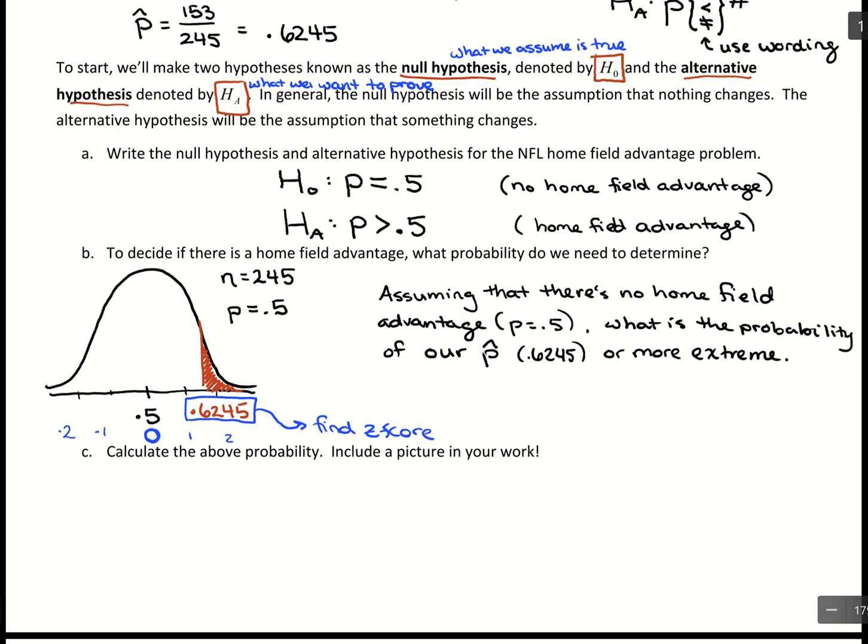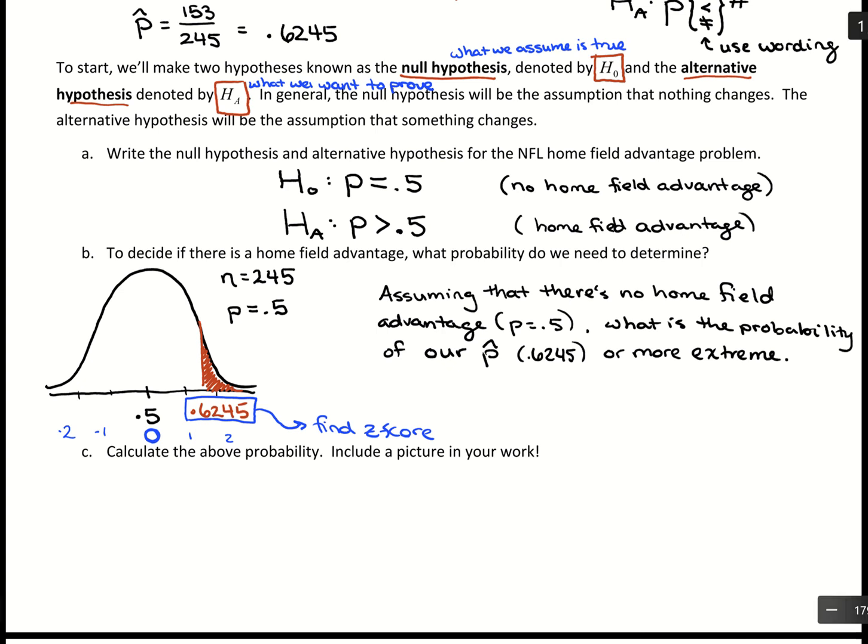That's one little extra step, but it perfectly equates to this idea of having our sampling distribution as well. So with that, we're going to find a z-score, then find this area to the right of that z-score. And we are going to need GeoGebra in this process in order to find this probability.